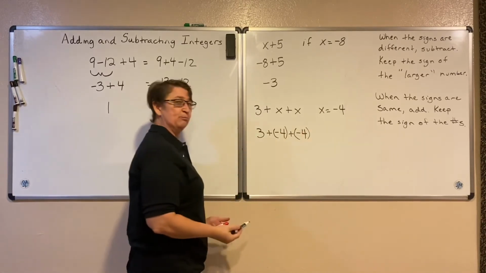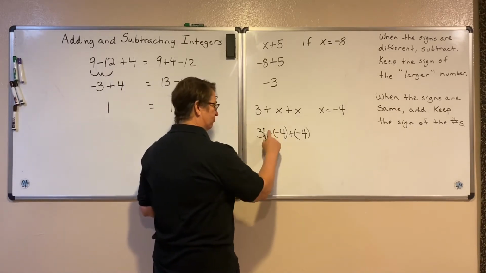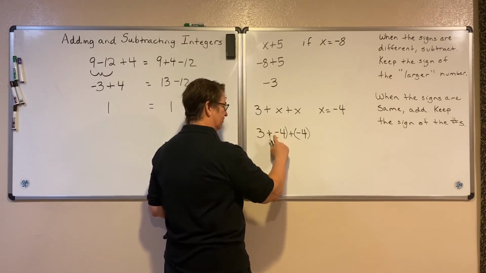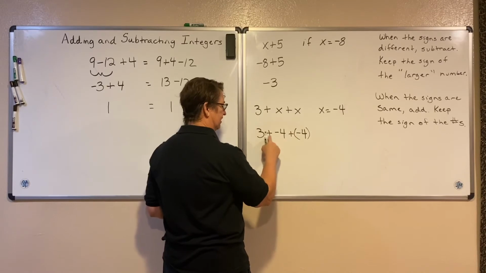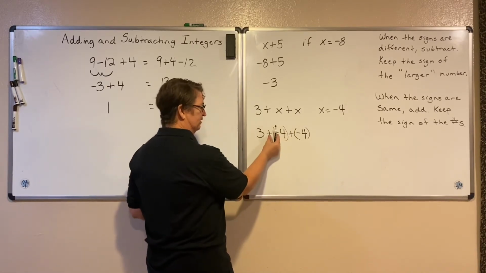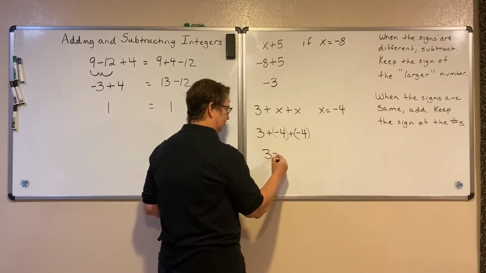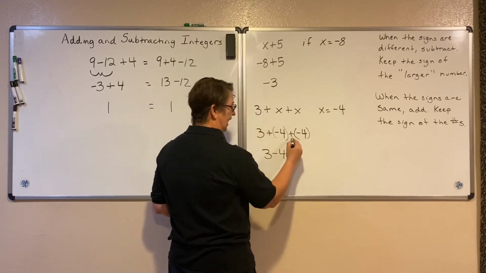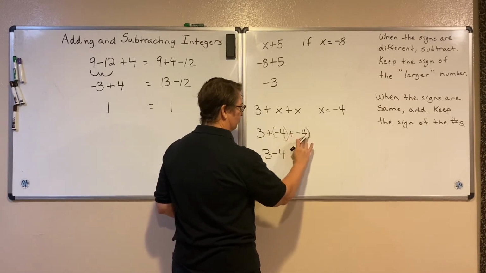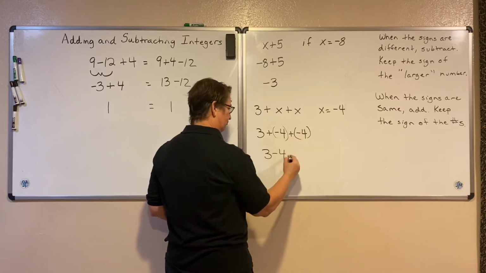And you can put it in parentheses if you prefer, but just remember that this positive and that negative, the negativity wins there. So really I could rewrite that as 3 minus 4. And again, with or without the parentheses, that negative wins out.